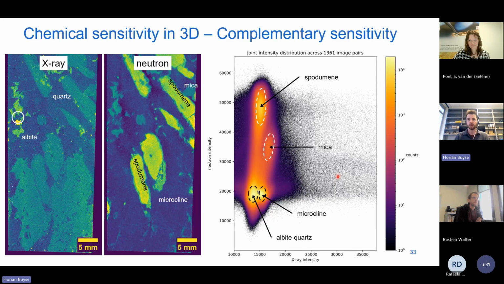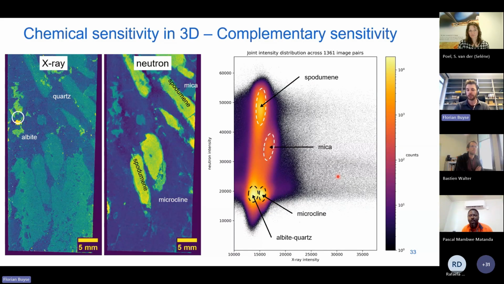Those spectral CT data sets are like a stack of images, not changing in terms of height, but changing in energy. So for instance, by using Python scripts, you can select zones to look at the diversity of the different minerals.